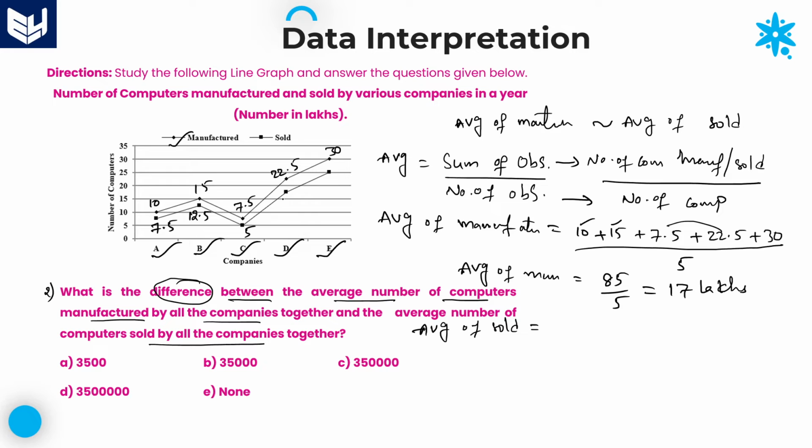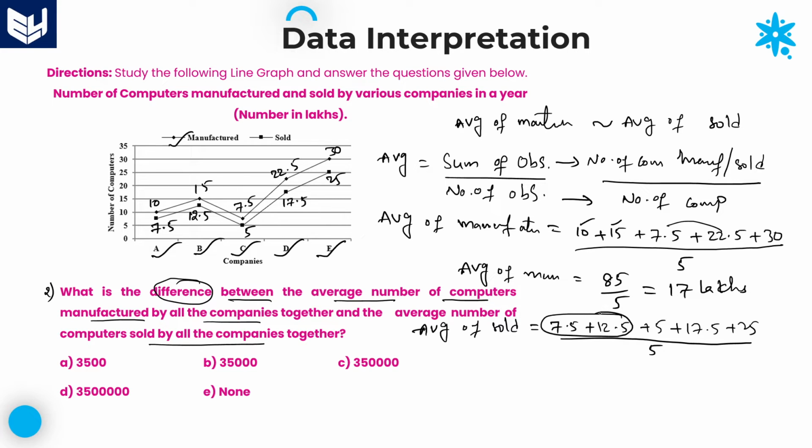And it is between 15 and 20, 17.5. This is 25. Write down all the values: 7.5 plus 12.5 plus 5 plus 17.5 plus 25 divided by the number of companies. Number of companies is 5.